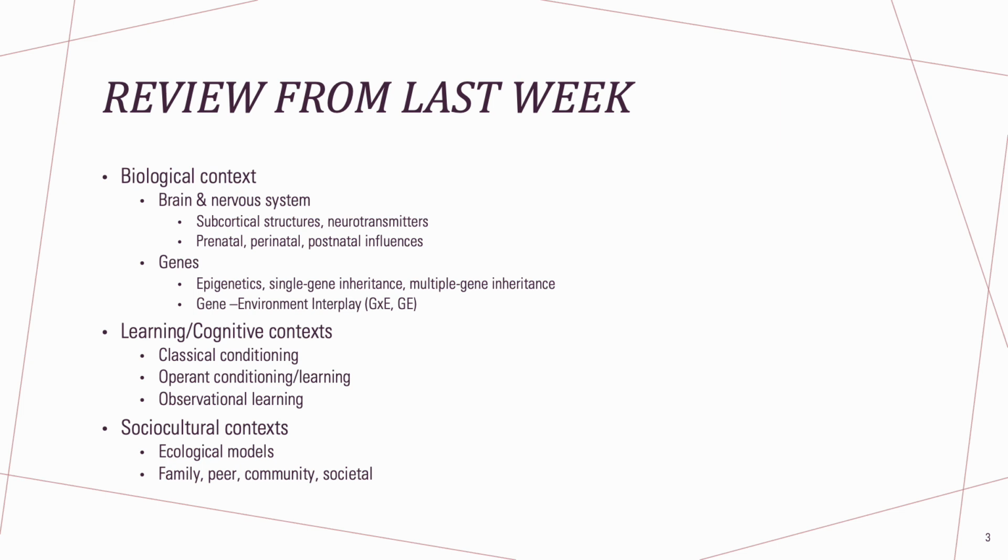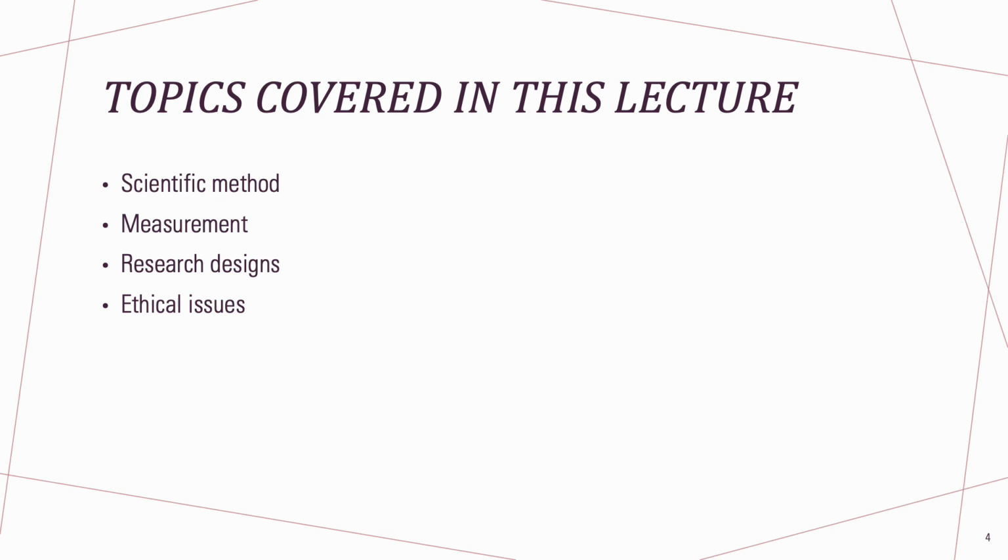And then finally, we ended on the sociocultural context. So we talked about different levels of the environment, whether that's family, peer, your community, or more societal implications for the onset of psychopathology in youth. So this lecture, again, is only going to be focused on chapter 4, which is all about research.